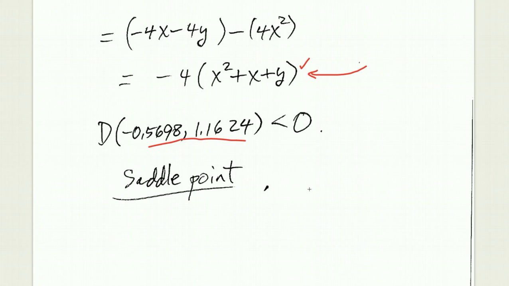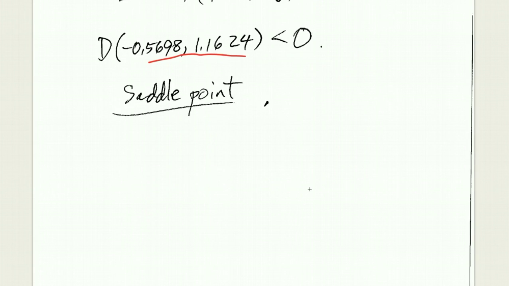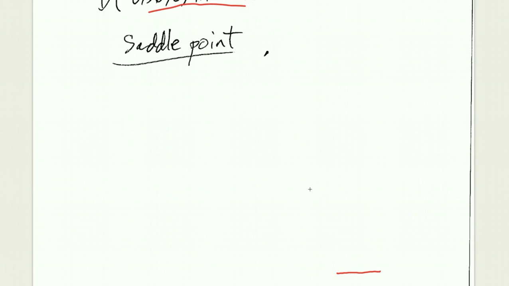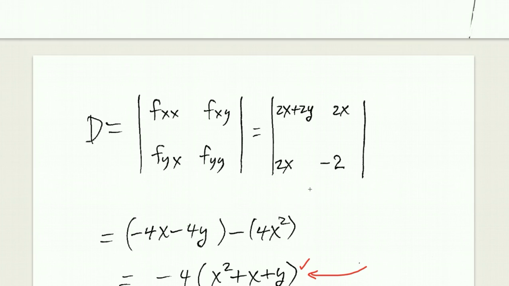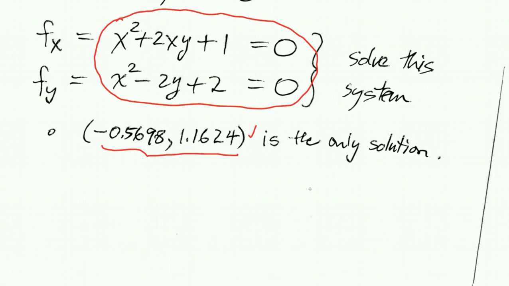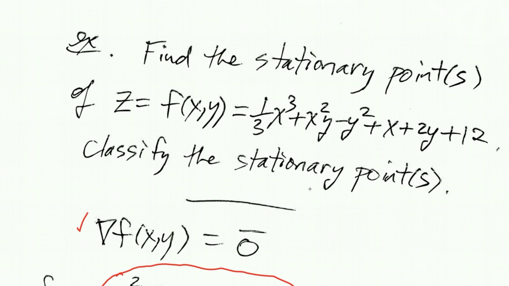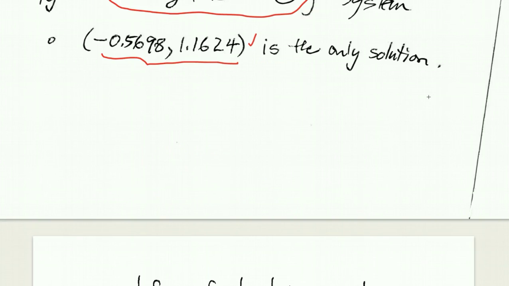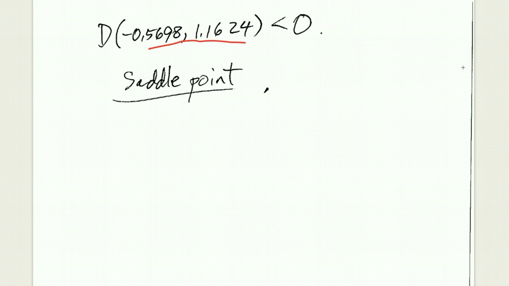What does that mean? That means it's a saddle point. So there are a couple of examples there. The test is fairly easy to use. I gave you this example to show you that you could use some technology to make your life just a little bit easier. I hope you understood this.